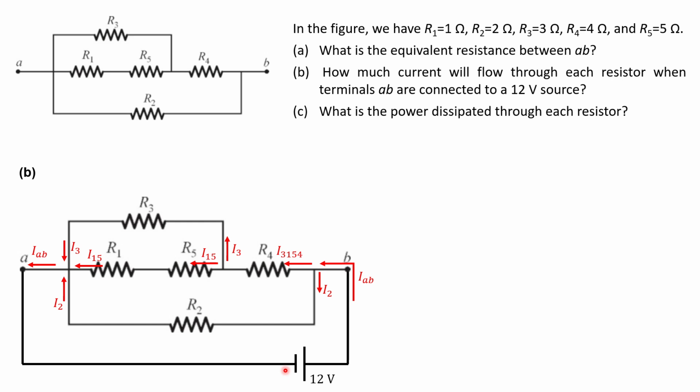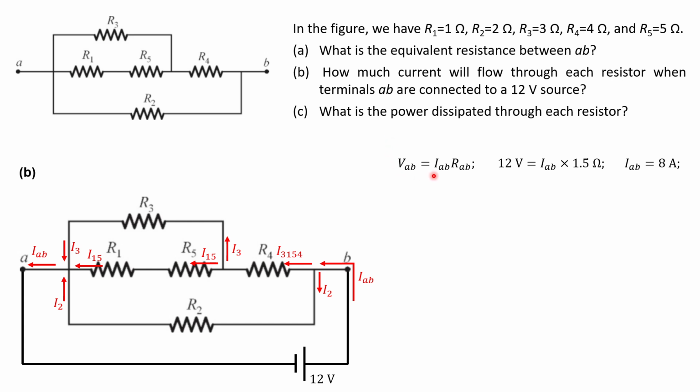Okay, so let's calculate the net current. We know the net voltage is 12 volts. Net resistance is 1.5 ohms, which we found earlier, right? We can find the net current. So we're going to use Ohm's law.